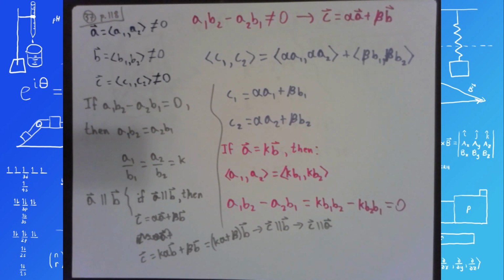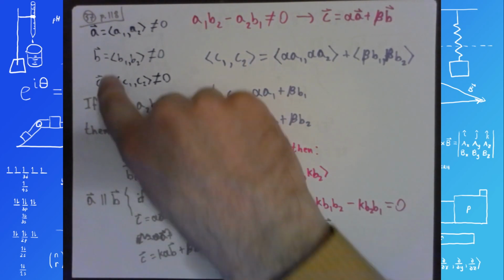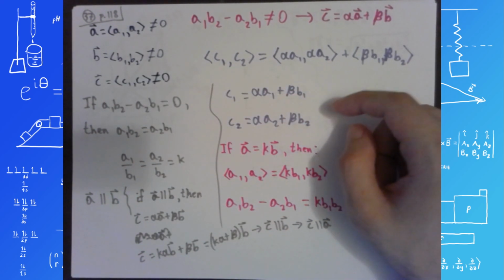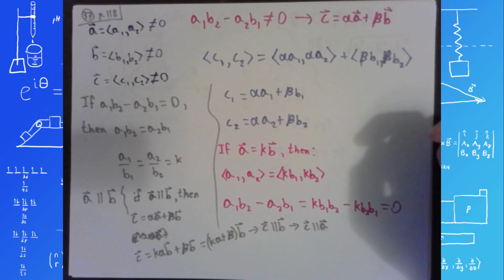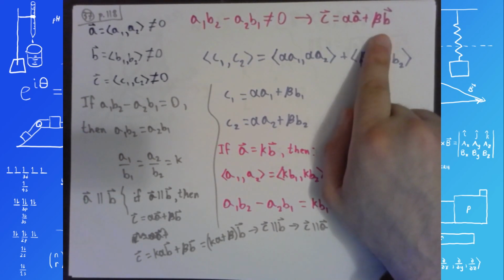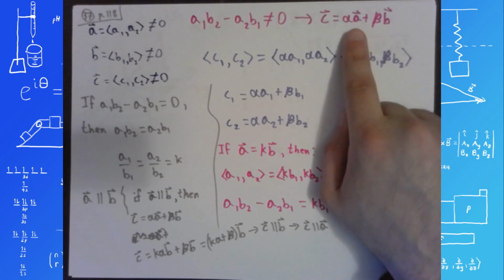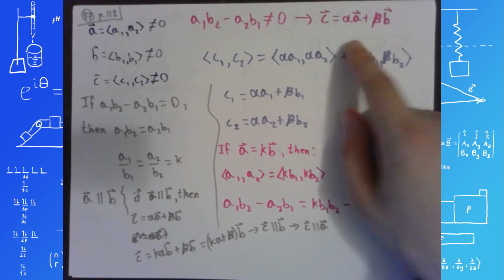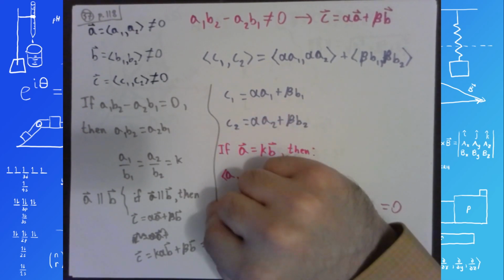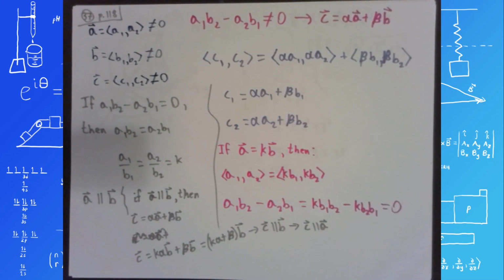If you try to make vector C as a combination of some multiple of A plus some multiple of B, where was it? Right here. If you want C to be some multiple of A plus some multiple of B, then if A and B are parallel to each other, if this difference is equal to 0, then there'd be no point.